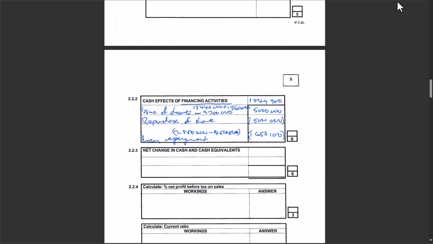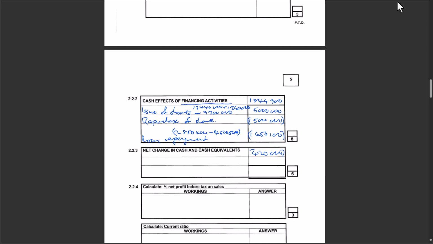This is an inflow from our calculation, because 5 million minus this will give you this. 5 million is more than these two, so plus 1,849,900. So you get your net change in cash and cash equivalents of negative 420,000.